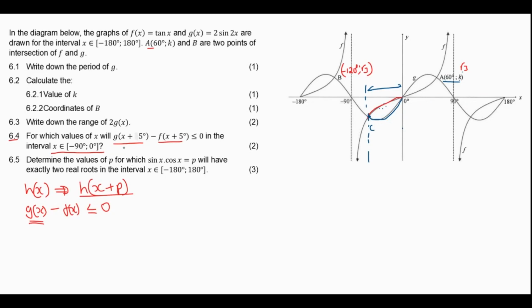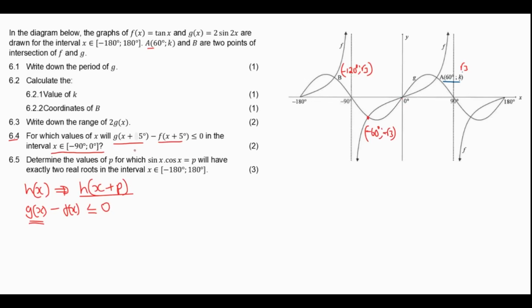Now let's come back to our question. We want where g(x + 5) - f(x + 5) is less than or equal to 0. We've said the coordinates of this point are -60 degrees and -root 3. Now we have g(x + 5). What has happened to g(x)?